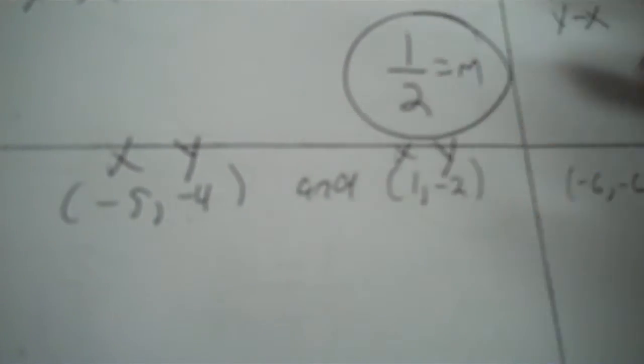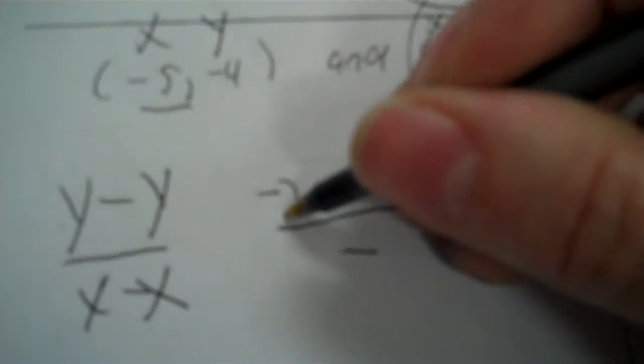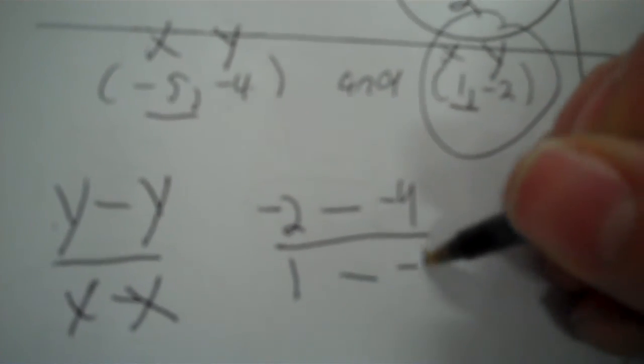Then negative 5, negative 4, 1, negative 2. Okay, negative 5, positive 1, positive 1's higher, so I go negative 2, positive 1. Then negative 4 over negative 5, so I got a negative 2.